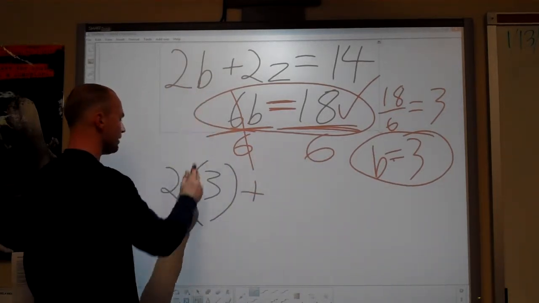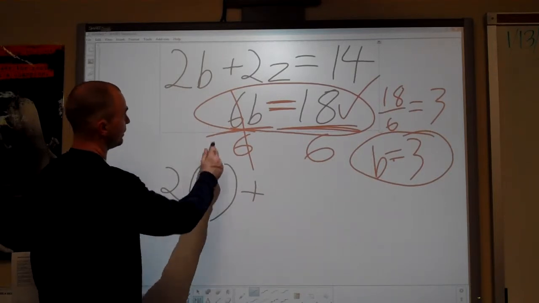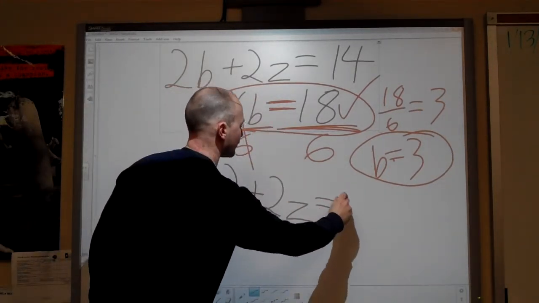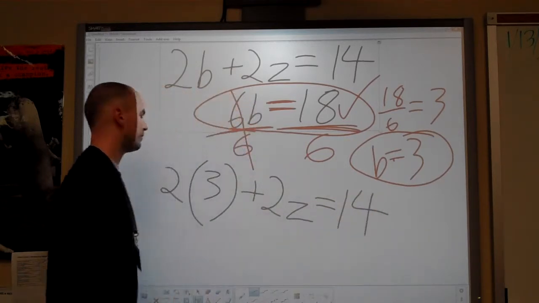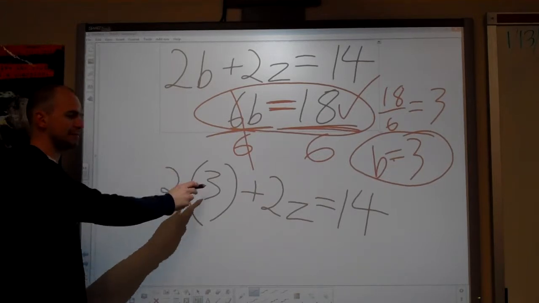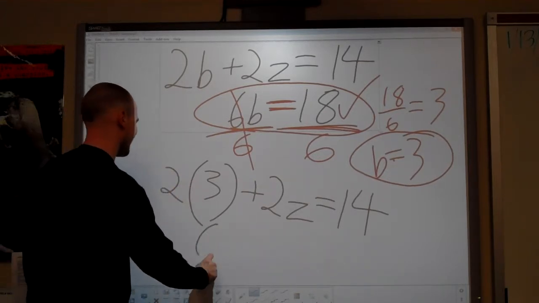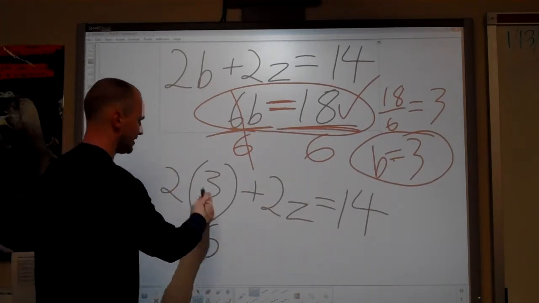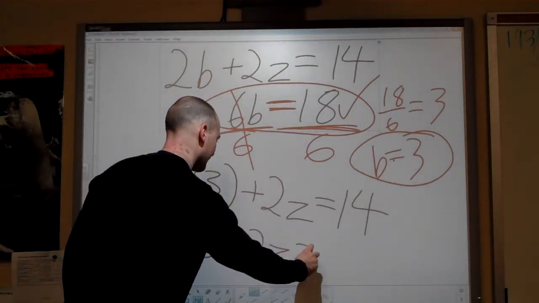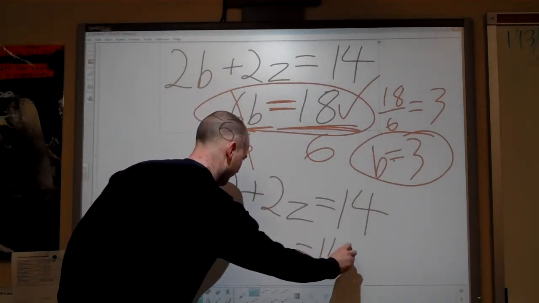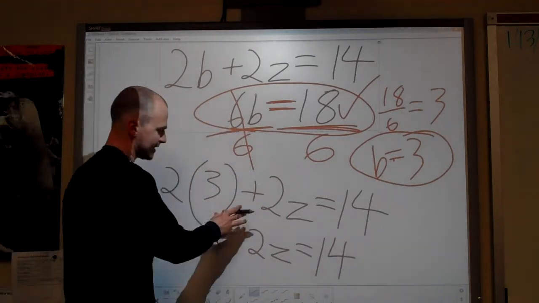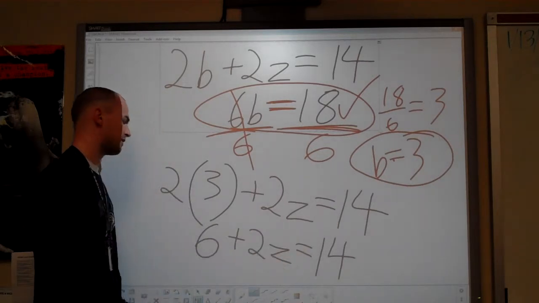So 2B, instead of B I have 3, plus 2Z, I'm going to leave Z as Z for right now, equals 14. Okay, so let's simplify this. 2 times 3 is 6. So I have 6 plus 2Z equals 14.